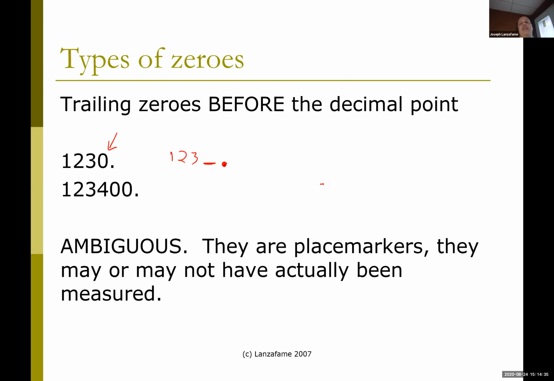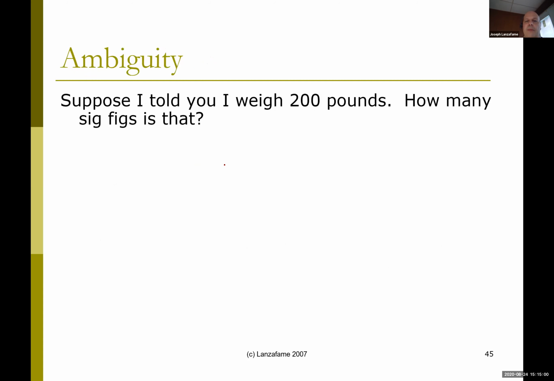So these zeros are referred to as place marker zeros. They have to be there to tell me where the decimal point is, but they have to be there whether I measured them or not. So I can't really know whether they were measured or not if I see that number. Those trailing zeros before the decimal point are the only ones that present a real challenge.